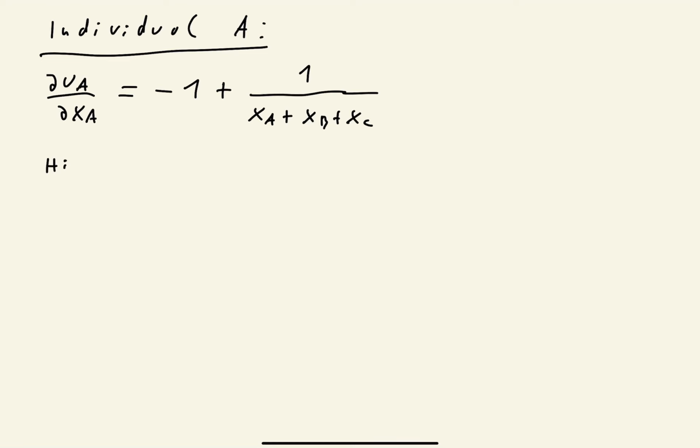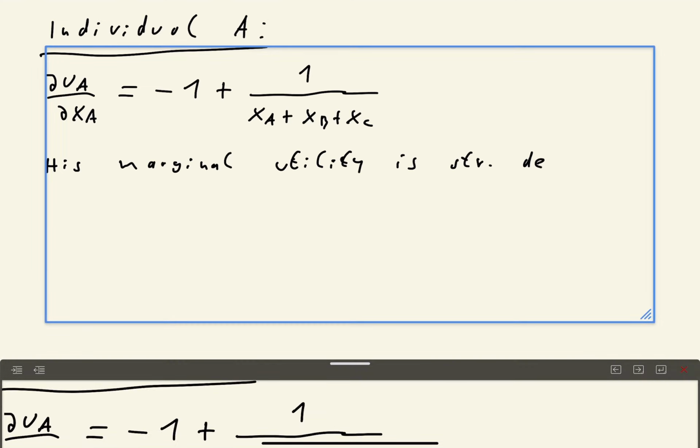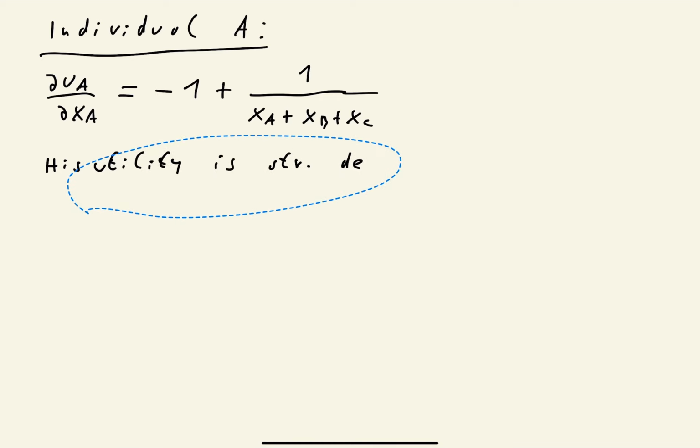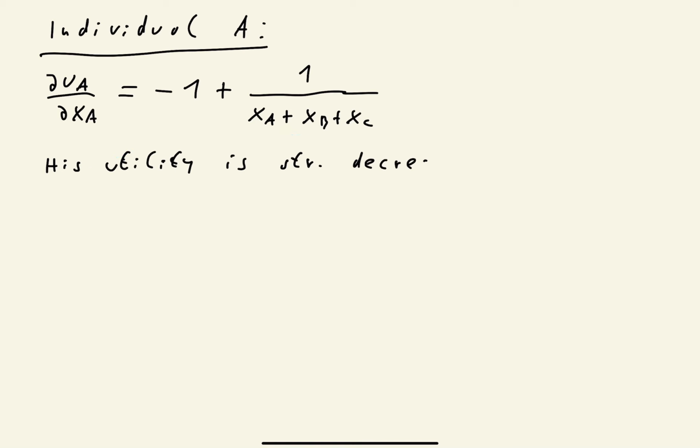Sorry, not his marginal utility is strictly increasing, but actually his utility is strictly decreasing if xb plus xc, if the sum of his rivals' contributions is larger than 1.